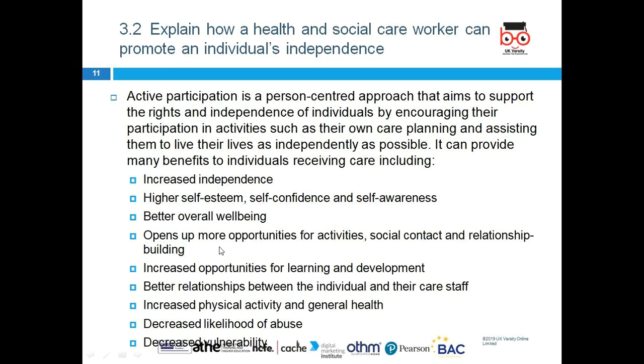It can open up more activities and opportunities, such as social contact and relationship building. It's an increased opportunity for learning and development, better relationships between individuals and their care staff, increased physical activity and general health, and decreased likelihood of abuse and vulnerability.